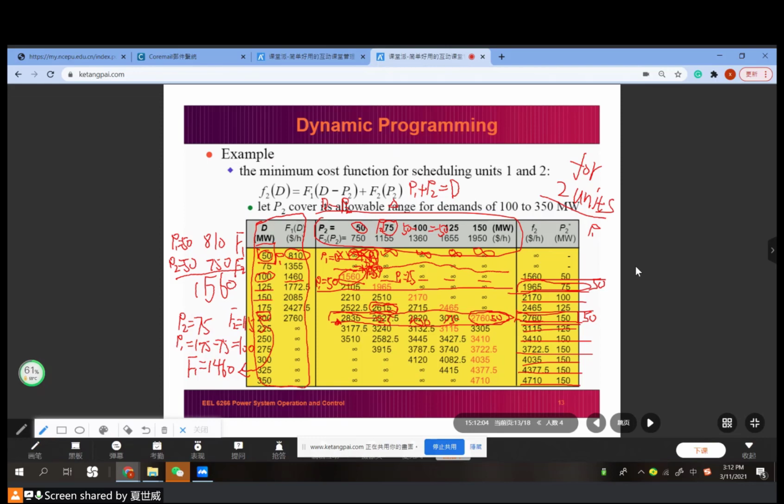You see, our problem is there are 3 generators. So based on this table, we should continue to add another generator. The table is only for 2 generators, P1 and P2. So next we have to add another generator, generator 3, to this table.